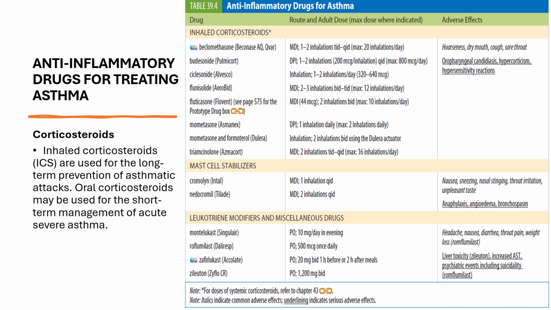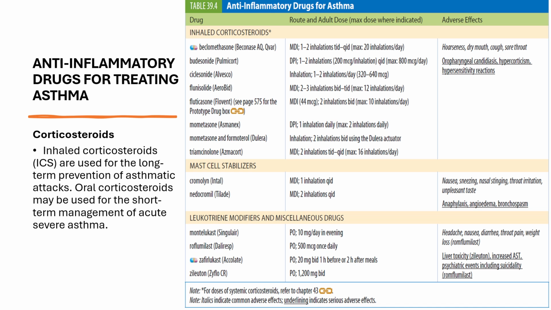Inhaled corticosteroids are absorbed into the circulation so slowly that systemic adverse effects are rarely observed. Local side effects include hoarseness and oropharyngeal candidiasis.